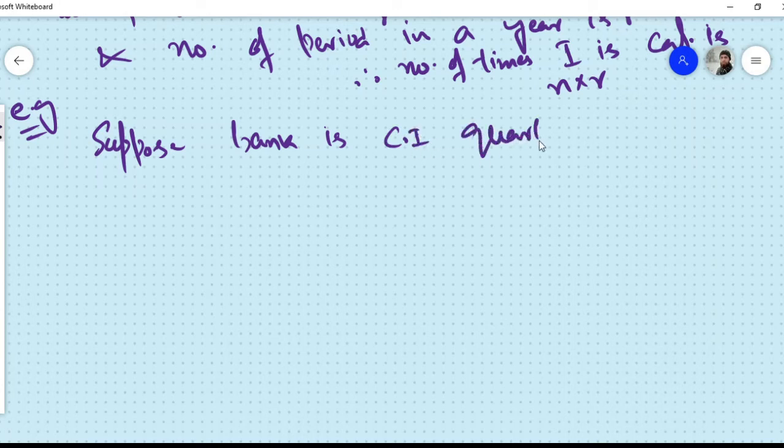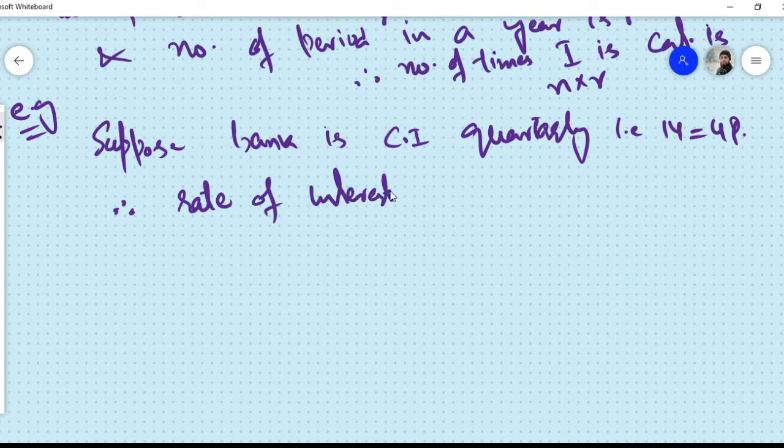Let us take this as an example. Suppose a bank is giving compound interest quarterly in a year. That is, 1 year has 4 periods, conversion periods we can say.